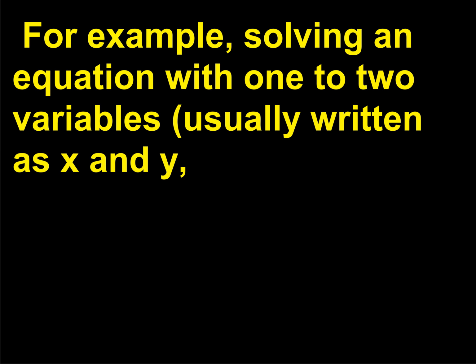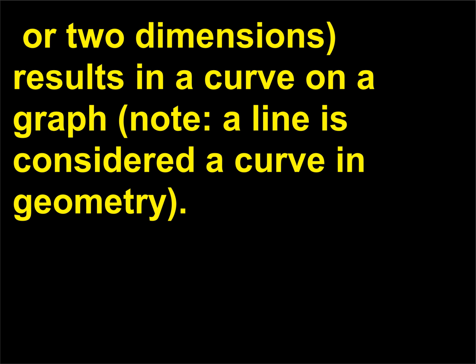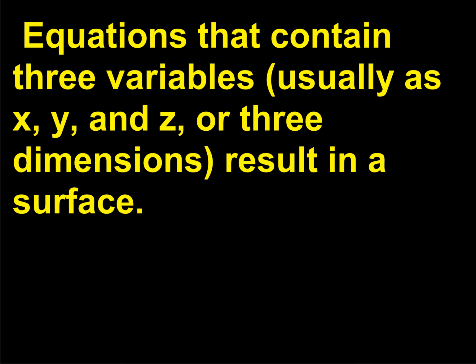For example, solving an equation with 1 to 2 variables, usually written as x and y, or 2 dimensions, results in a curve on a graph. Note, a line is considered a curve in geometry. Equations that contain 3 variables, usually x, y, and z, or 3 dimensions, result in a surface.